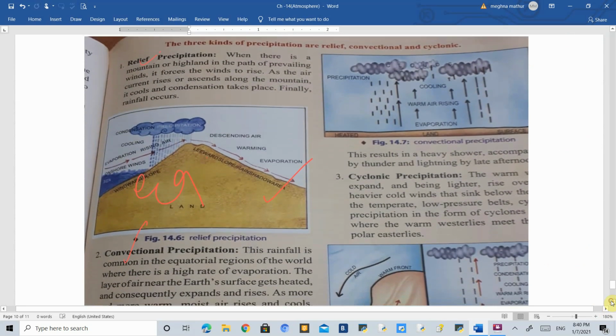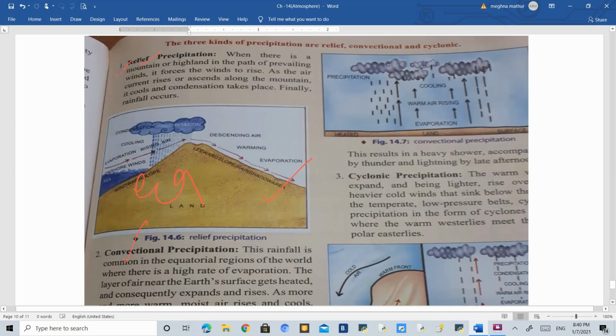Three types of precipitation. The first is relief precipitation. By the word relief, we mean physical feature. We can understand this in figure 14.6. There is a sea over here, and due to the sun's rays the water is converting into water vapor. The evaporation process is happening.